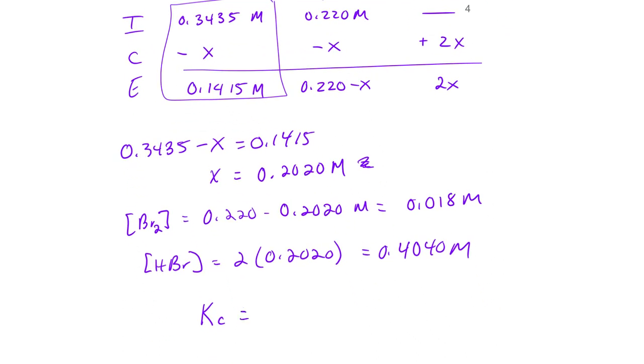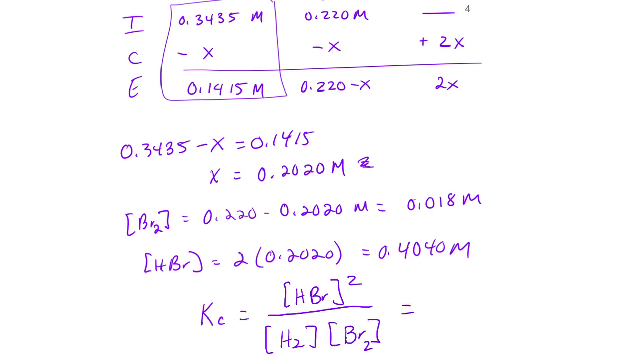Okay. So then the last thing was to solve for K, Kc, Keq, whatever we want to call it, just not Kp. And we basically need to write out our equilibrium constant expression and then plug in the equilibrium concentrations. So we're going to have the concentration of HBr squared over the concentration of H2 times the concentration of Br2. And don't forget, you do need to square that HBr concentration.